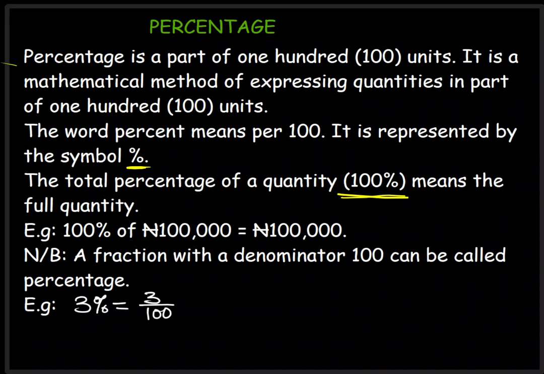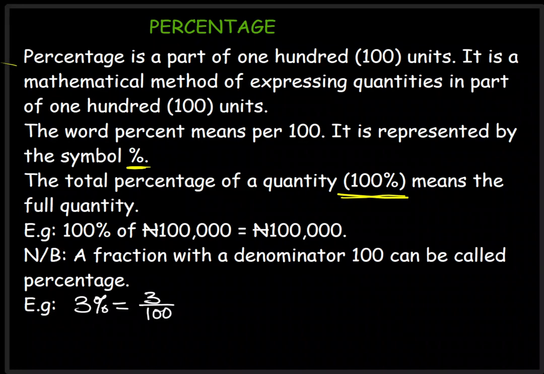Okay, so let me throw more light on percentage. Percentage is a system of writing numbers. So if you don't want to write it in the normal number system, you can decide to take it into the percentage system of numbers. Can you see that? It's a different system, just like we have fraction. Fraction is a different system of numbers.